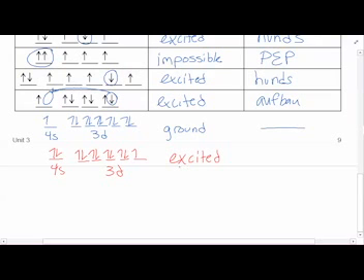Even though this is technically excited, it's because it's not in its ground state. So the ground state for those exceptions is a bit tricky to think about, because for copper's group and chromium's group, they violate the rules when they're in their ground state.